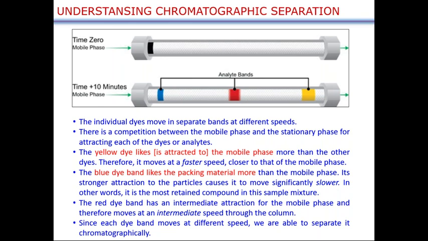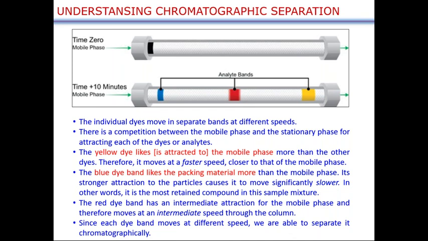So it remains longer on the column packing and tends to move much slower in the column. The red dye, compared to the yellow and the blue, is of intermediate order. So therefore, its attraction to the solvent and to the stationary phase are almost equal. So therefore, it moves at an intermediate speed.